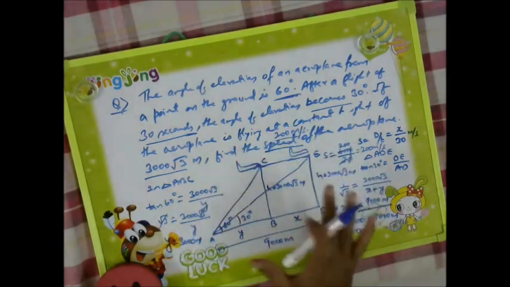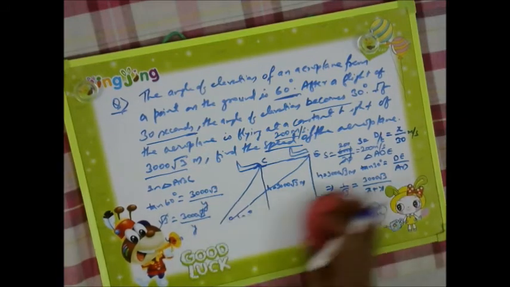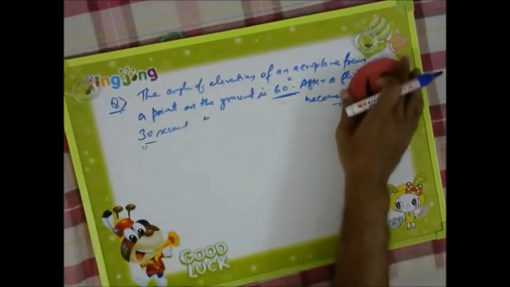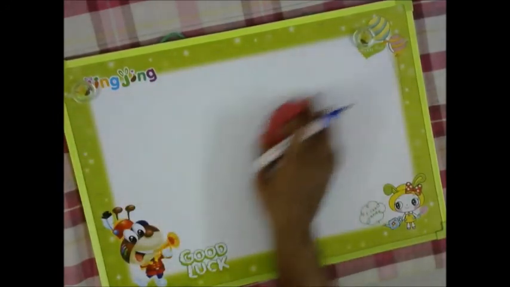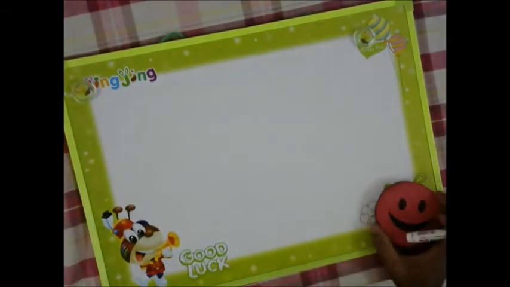So I hope my students have understood how these angle of elevation questions are solved. Now we will go for another question in which angle of depression also comes, because in these heights and distances, questions are related to angle of depression and angle of elevation, both.